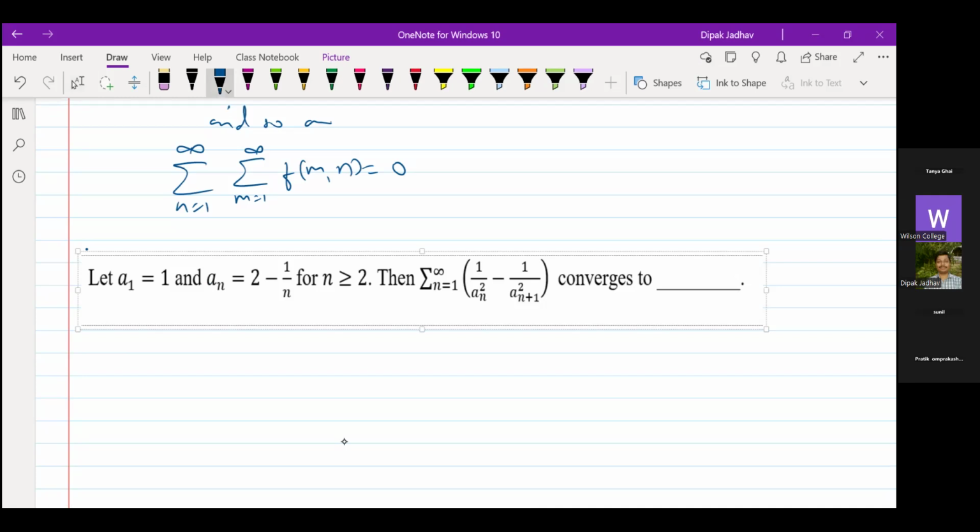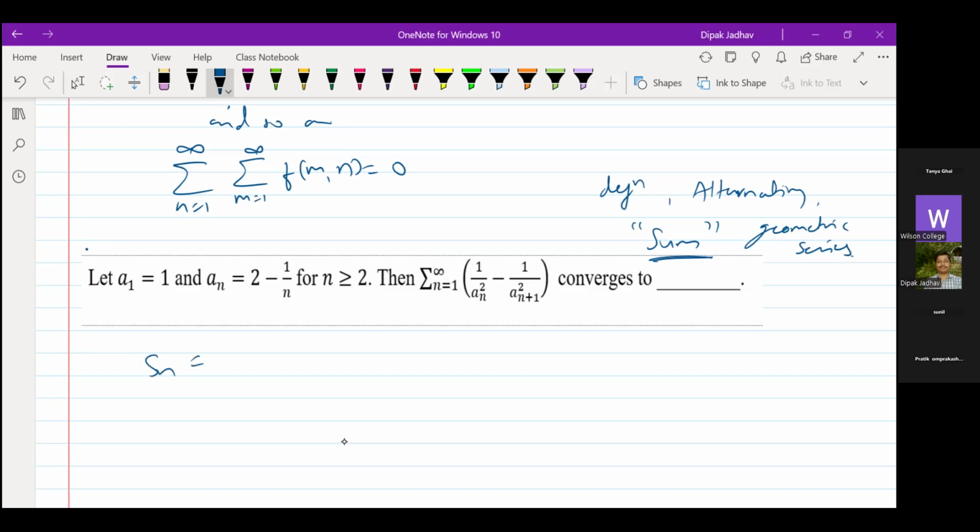We want to find where this series converges. That means we want to find its sum. So there are only two ways we can find a sum: either by using the definition, or possibly it is an alternating kind of series, or possibly you can apply the geometric series test. So let's apply the definition here.